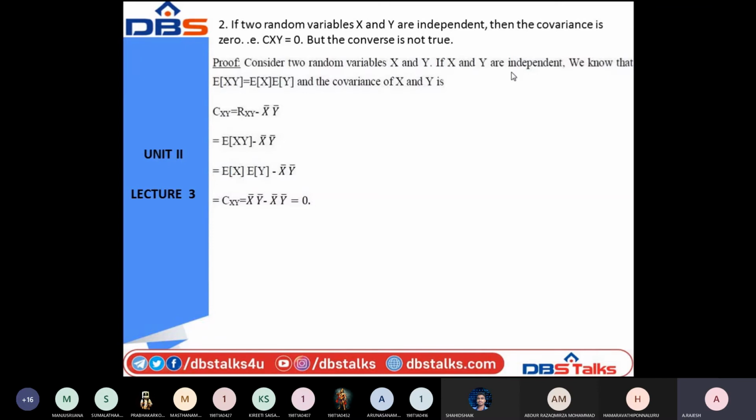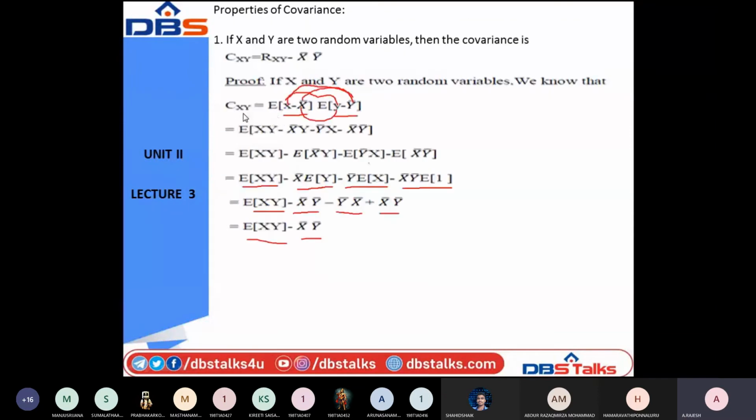If x and y are independent, we know that e of xy is equal to e of x into e of y, right? That is e of xy is equal to the product of individual expected values, and the covariance of x and y is cxy is equal to rxy minus x complement y complement. In the previous session we have seen cxy is equal to rxy minus x complement y complement.